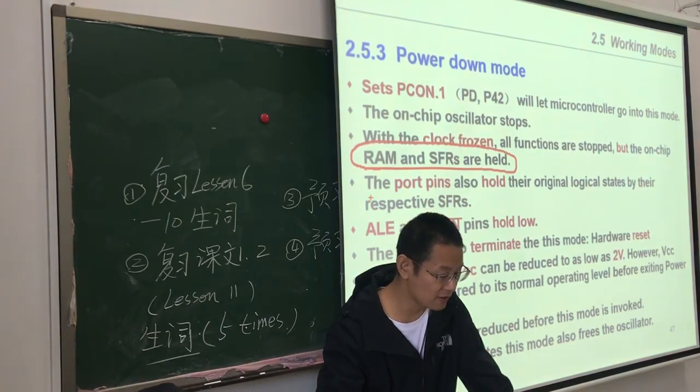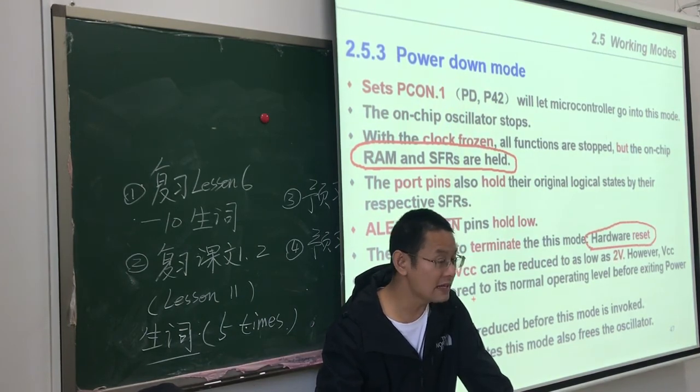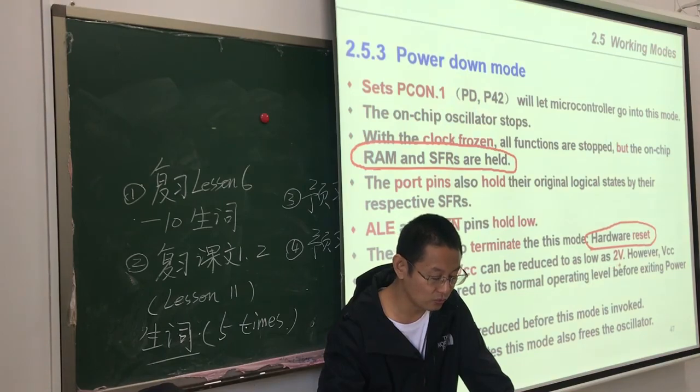The port pins also hold their original logical states by their respective SFRs. ALE and PSEN pins are held low. The only way to terminate this mode is hardware reset. In this mode, VCC can be reduced to as low as 2 volts.